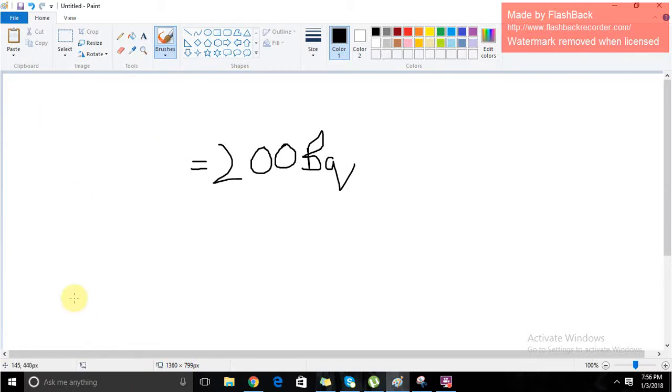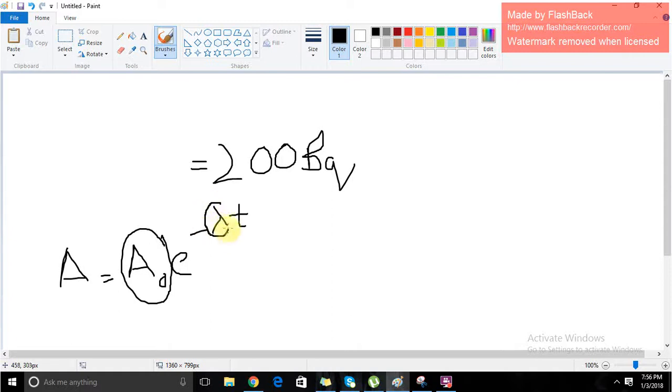And we know that we have a number of equations. We have A is equal to A naught e to the minus lambda T, because we have calculated the initial activity and we know the value of the decay constant as being constant, and we know the time interval.